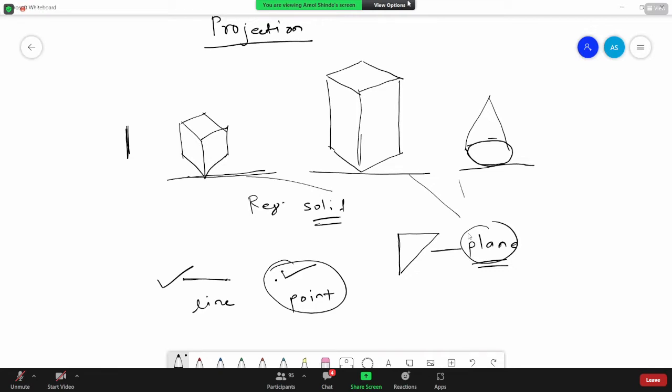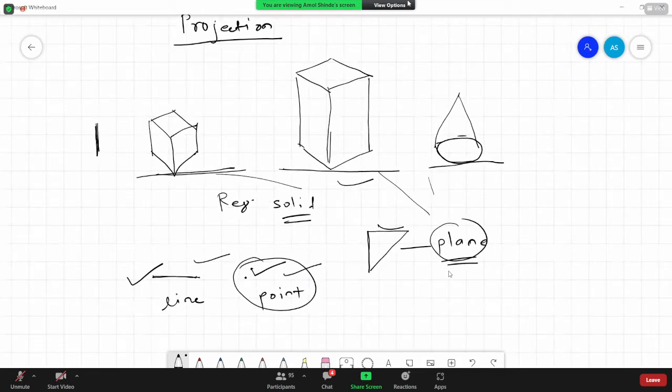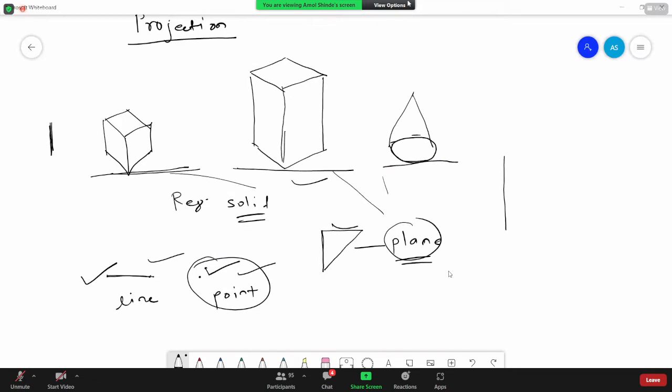So if I draw the projection of either a point, a line, a plane, or a solid on a plain 2D paper, that is called projection.